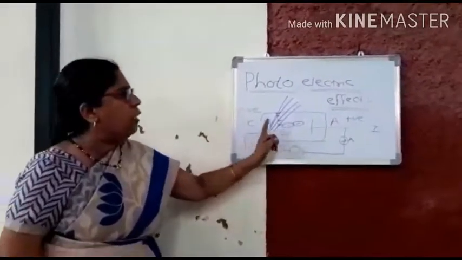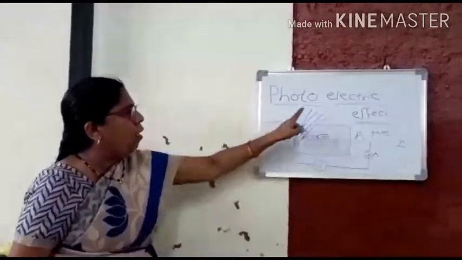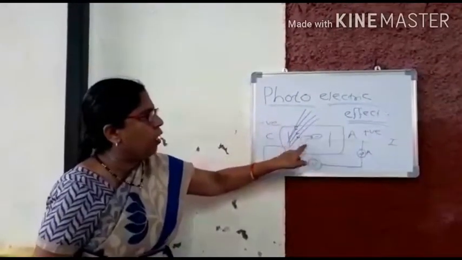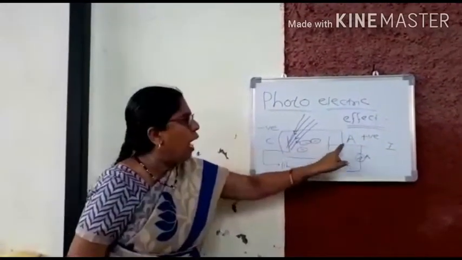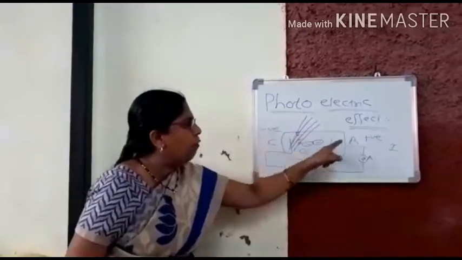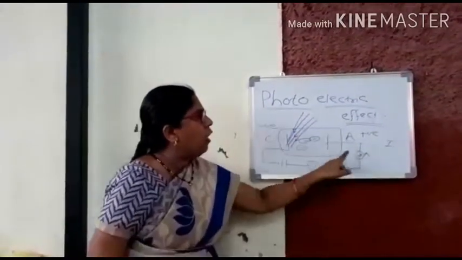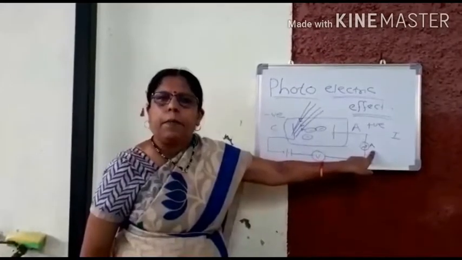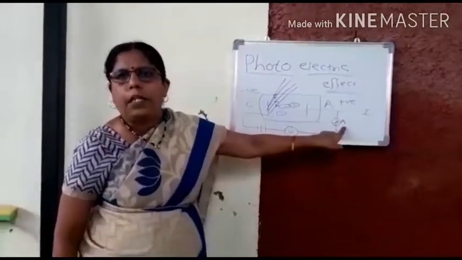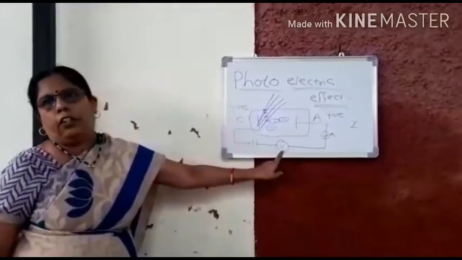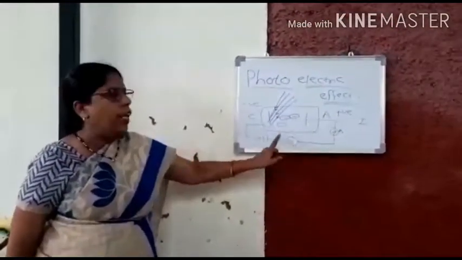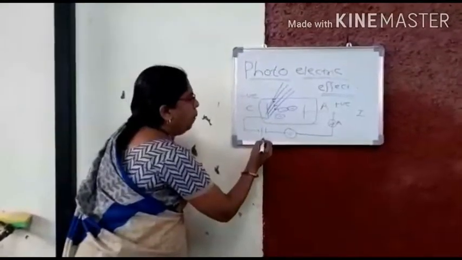When we connect this circuit, light falling on the surface of the cathode emits electrons, they are attracted towards the anode and current starts flowing in the circuit, and this current is measured in ammeter A. This may be a milliammeter or microammeter, depending upon the current. V is the voltage connected in the circuit, and B is the battery.